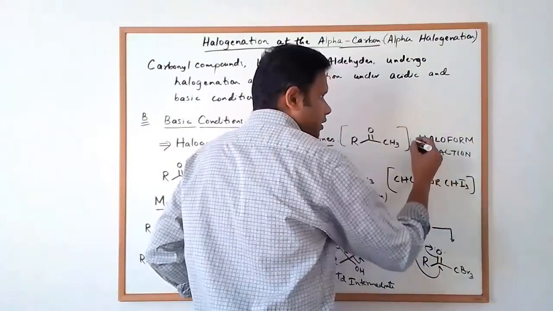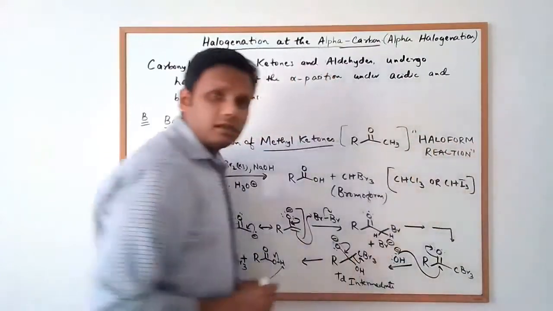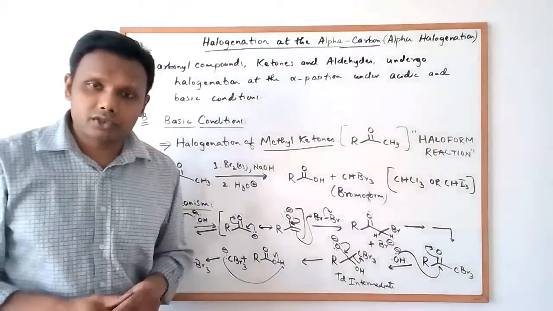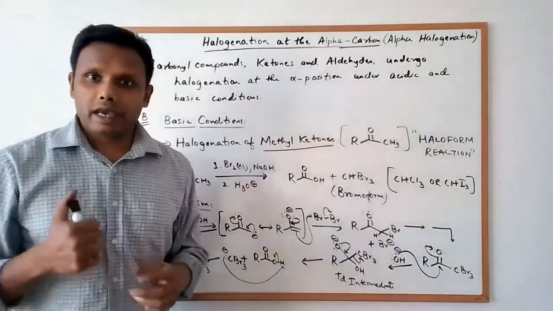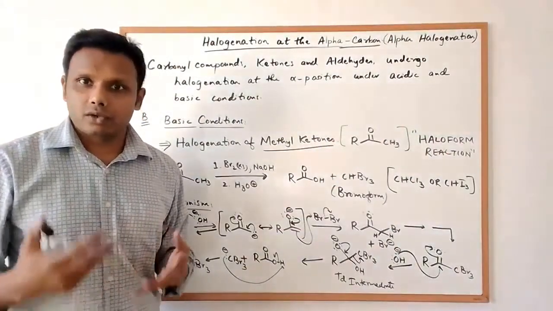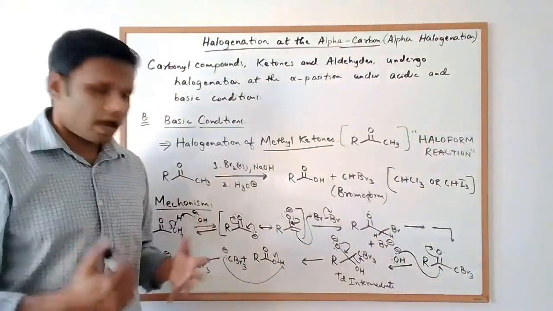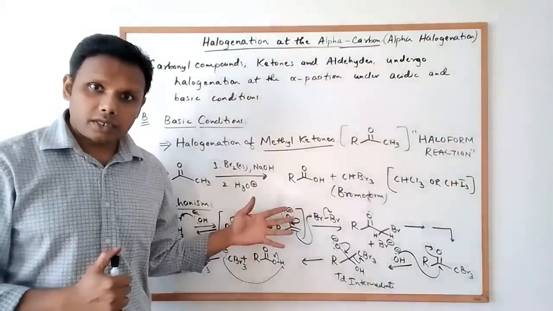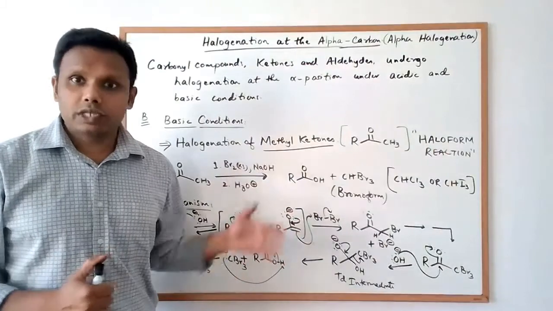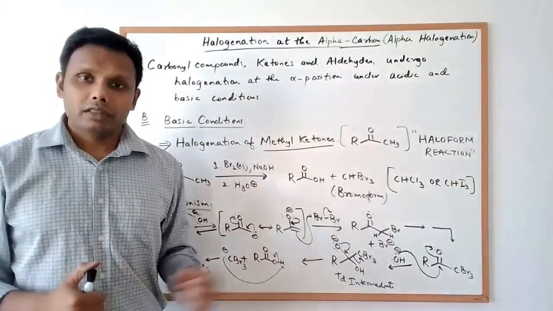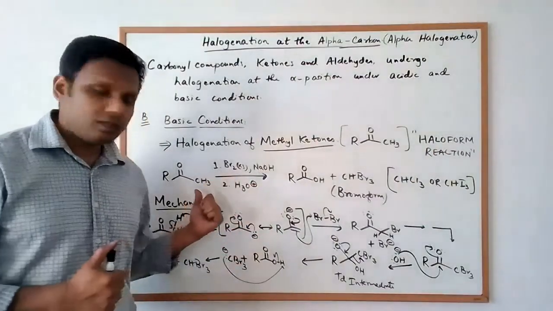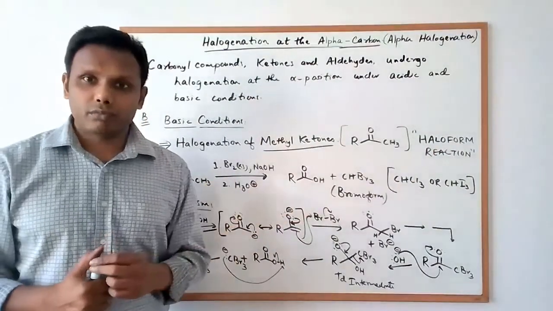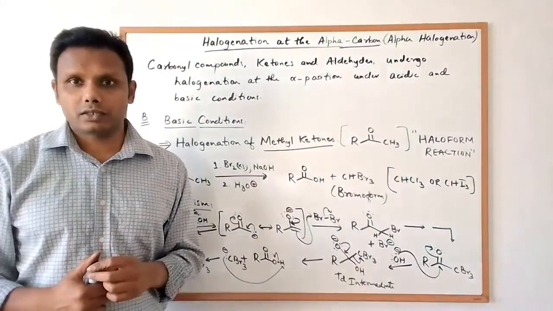So the reaction of methyl ketones with halogens under basic conditions is called the haloform reaction, like a chloroform, bromoform, or an iodoform reaction. So that's the reaction of methyl ketones and the mechanism of how the haloform product is formed, or how the methyl ketone is converted into a carboxylic acid under these conditions.